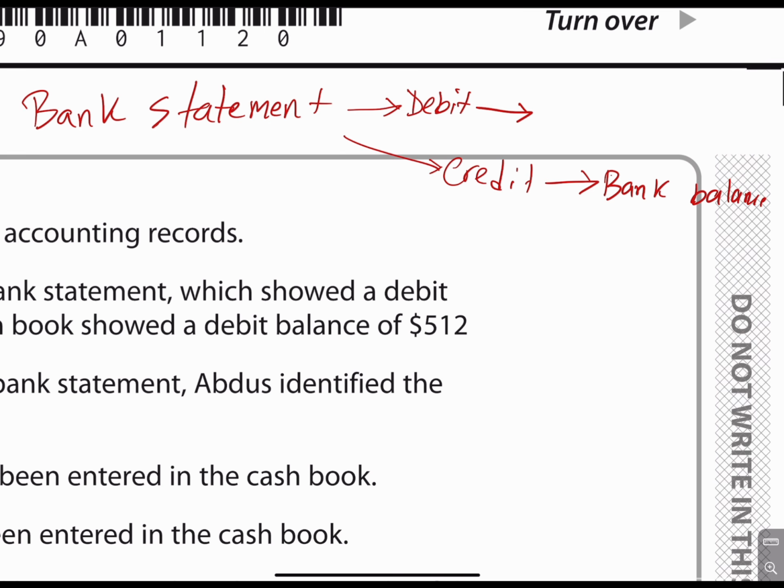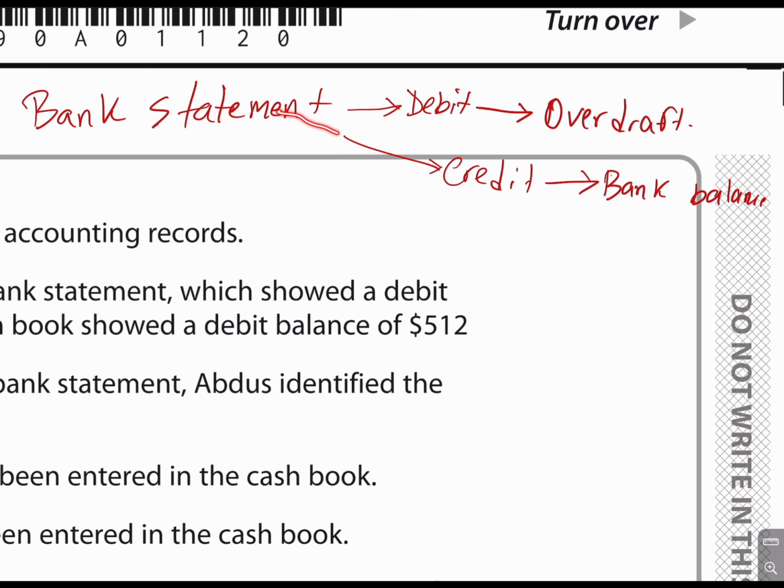And debit means bank overdraft for the business. Now, why is it debit? Because from the point of view of the bank, it is receivable from the business. So receivable is an asset. An asset is a debit item, right? So if the business's bank balance is an overdraft, it is a debit balance on the bank statement.